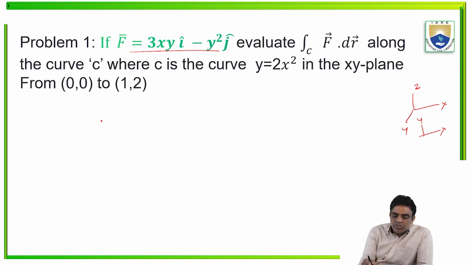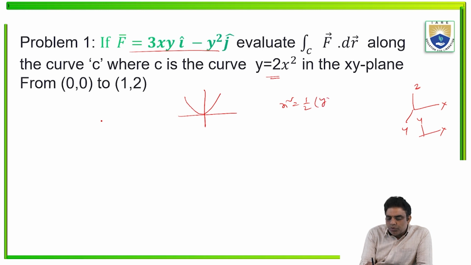Now you have to evaluate the integral of f bar dot dr bar along curve C, where C is the curve y is equal to 2x square in the xy plane. This is like a parabola: x square is equal to 1 by 2 into y, that is x square is equal to 4ay with 4a equal to 1 by 2.